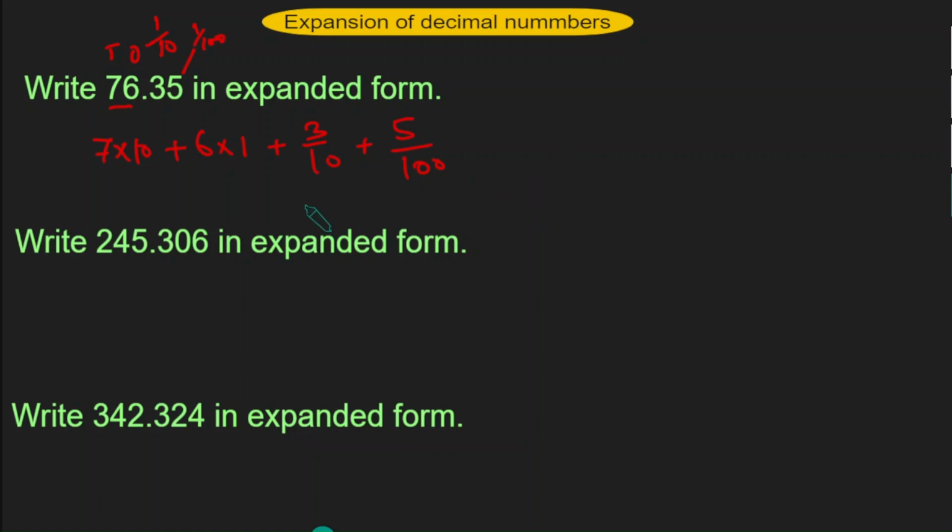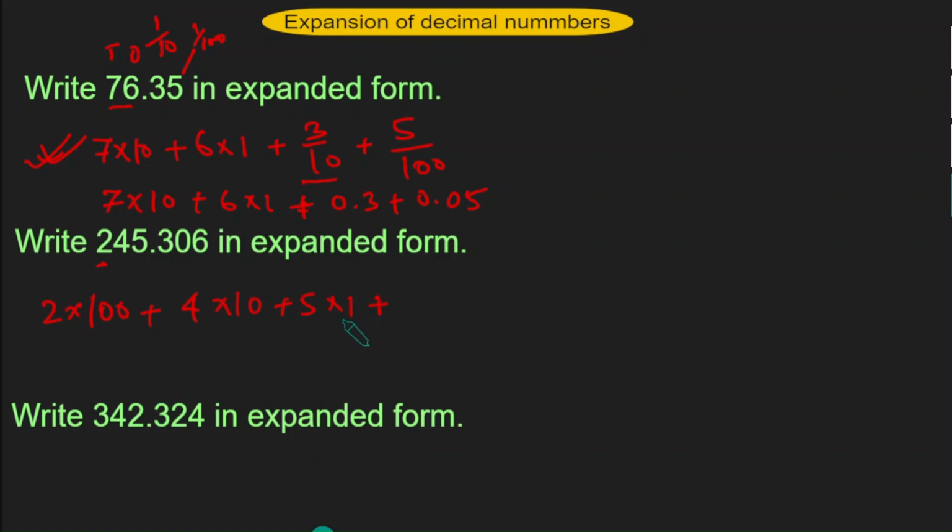Further, if you want to write this in decimal, it can be written like this as well: 0.3 plus 0.05, but this is the proper way of writing your answer here. Here you can simply think that this 2 is in the hundreds place, so it will be multiplied by 100, 4 will be multiplied by 10, 5 will be multiplied by 1 because 5 is in ones place.